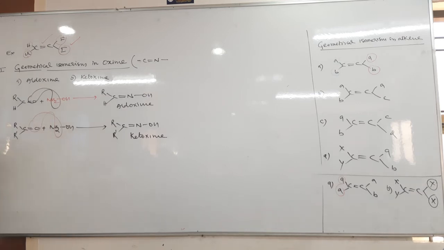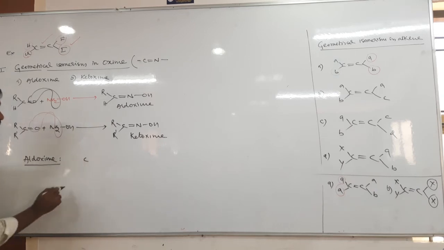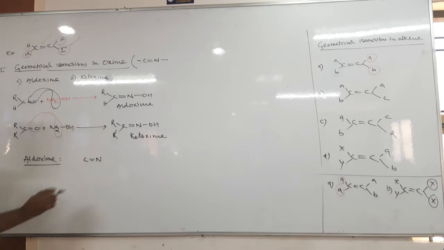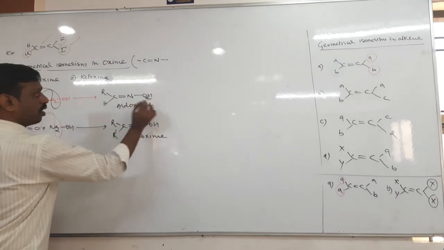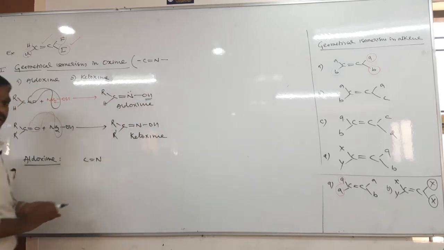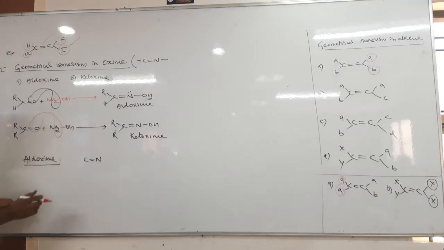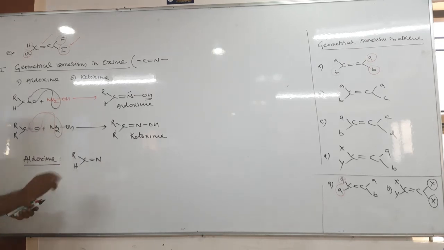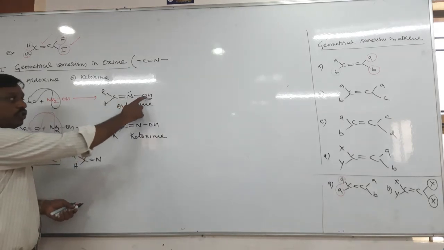Now let's see aldoxime first. In aldoxime there is a carbon double bond nitrogen, and there is an OH group and one lone pair. Listen carefully. This carbon is attached to two groups, R and H. Nitrogen is attached to OH.